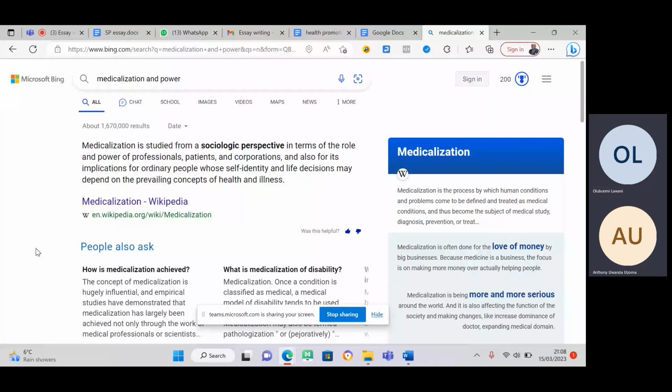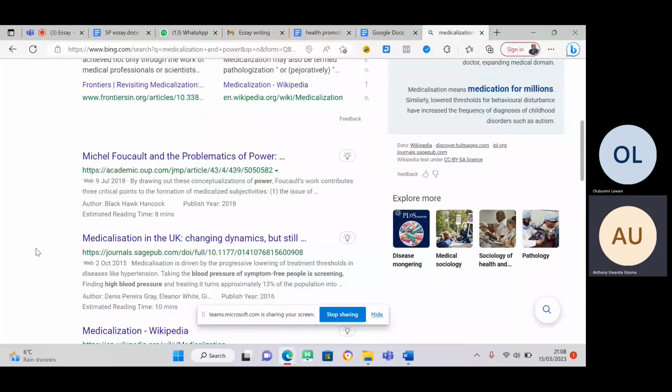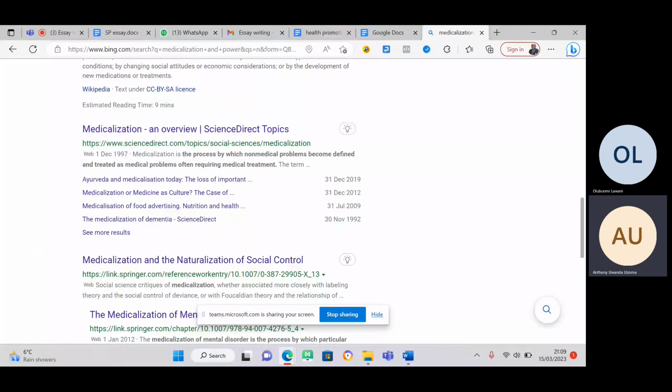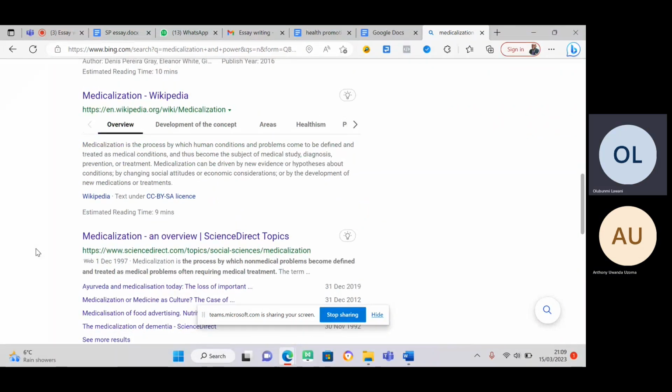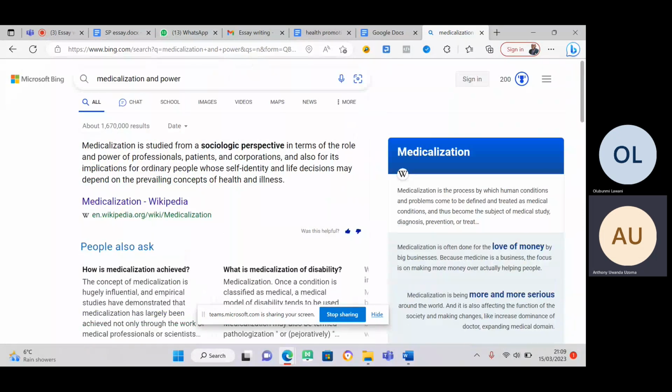In fact, what I did on my own, because of time, was to get the PowerPoint. There are places where they quoted this Michel Foucault. So I got the textbook that they quoted, the actual textbook, and I found the quotation that they posted there.